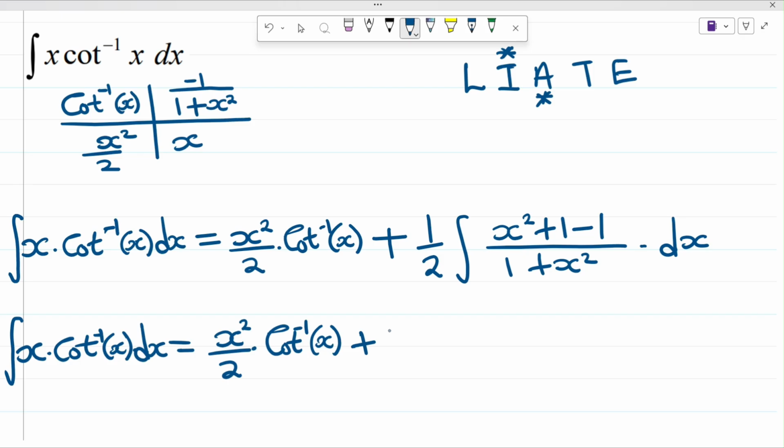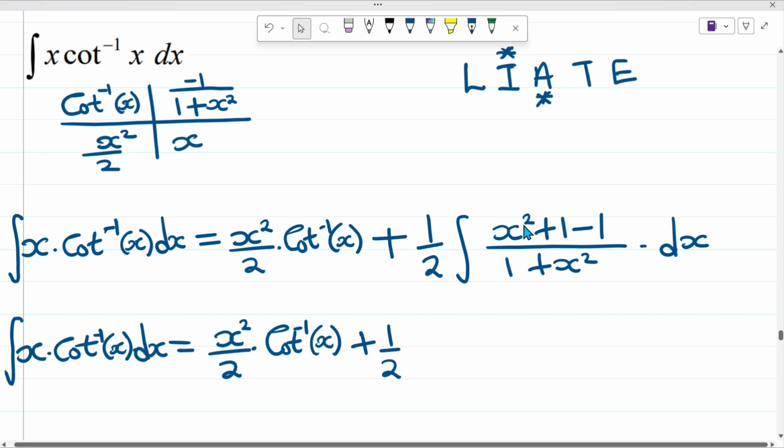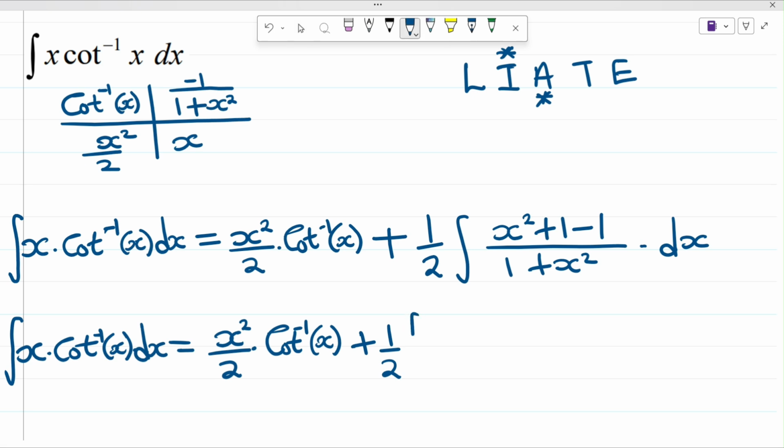Now I said I'm gonna split, right, for the other side. So I'm gonna split x squared plus 1 to have its own denominator, as well as minus 1 to have its own denominator, meaning that at the end of the day I will have the integral of x squared plus 1 divided by 1 plus x squared, multiplied by dx, minus 1 over 2 integral of what?